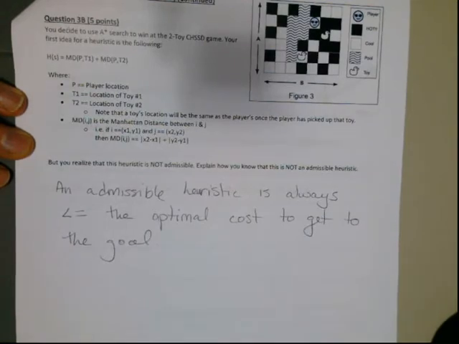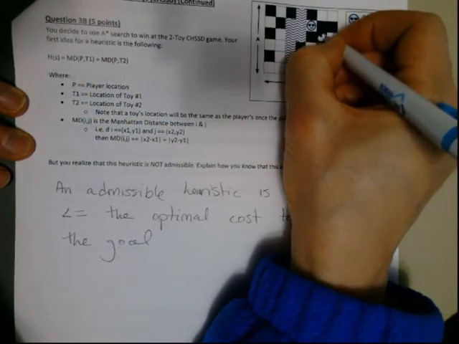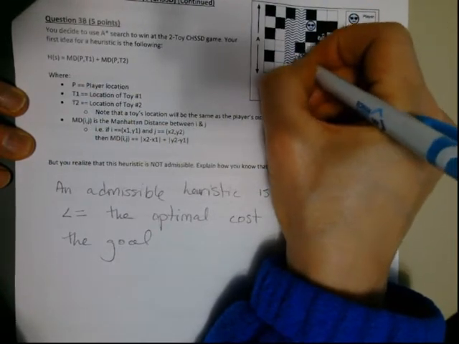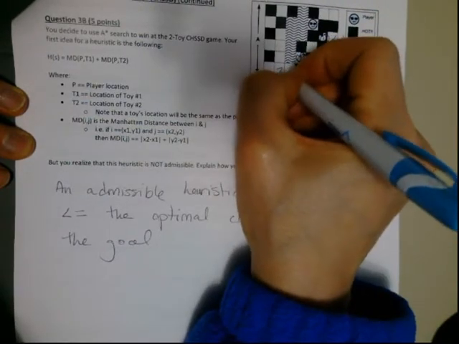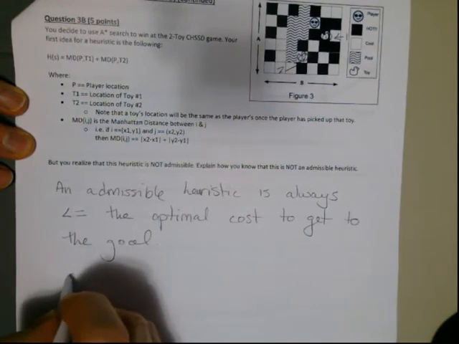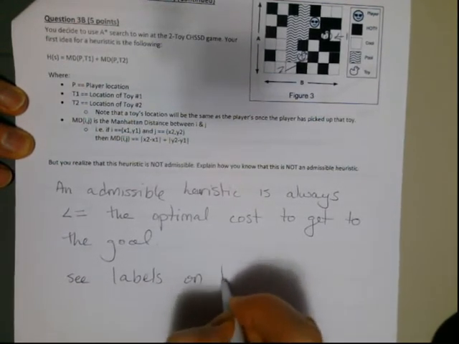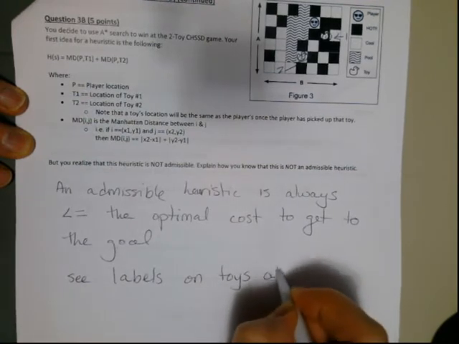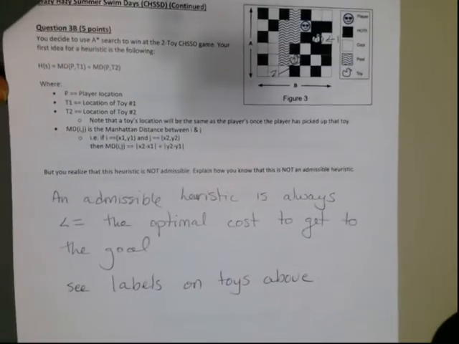And it turns out that if we just label these, let's call that toy 1 and that toy 2, I'll put an arrow here and an arrow here, so this is 2. See labels on toys above. Now I need to keep this here.